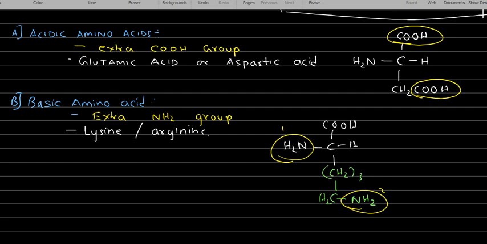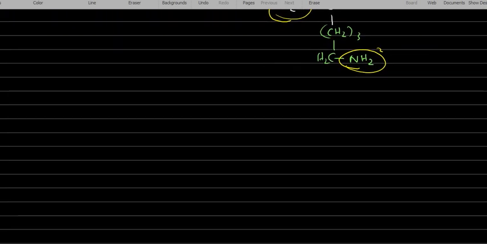You can also have neutral amino acids, which have no extra groups, but have at least one amino group and one carboxylic group, one amide group and one carboxylic group.